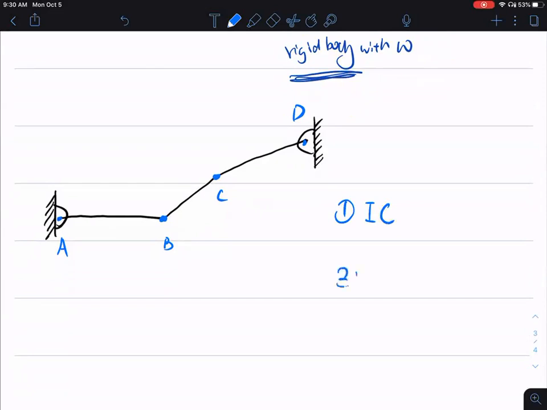The second thing to find is the rotation of each rigid body. Are they counterclockwise or clockwise? The given is that link AB is rotating counterclockwise.